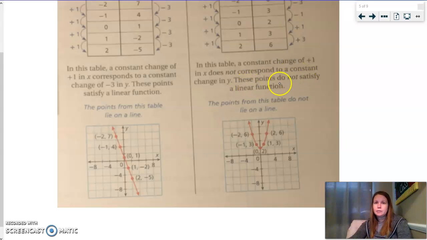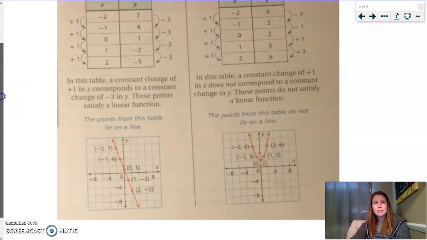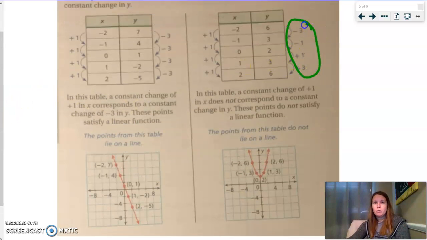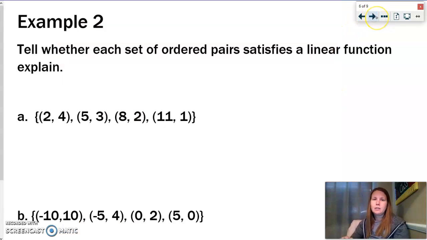These do not satisfy a linear function. So again, this is similar to the second one we looked at, where it's more of a U. It's a function, but it's not a linear function because the y isn't consistent. It's not going up by one rule. The rule keeps changing. So we're going to take a look at some examples like that.